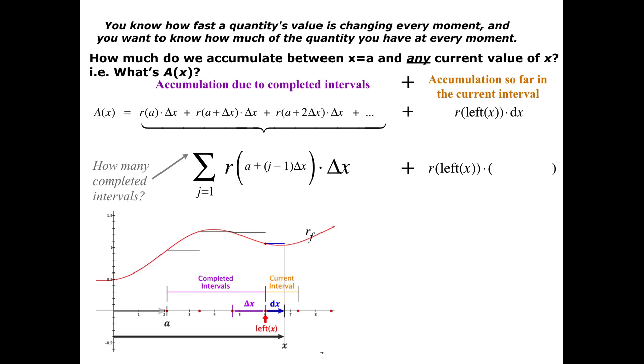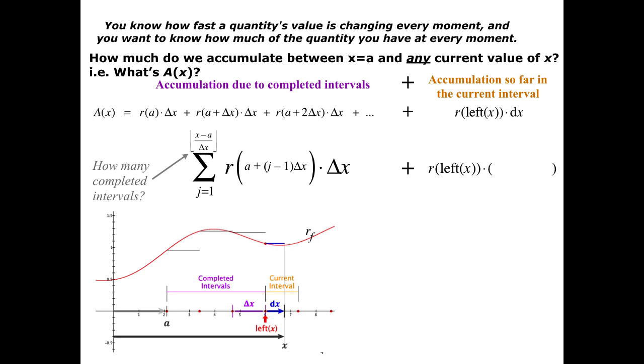We just want to talk about complete intervals, though, so we use the floor function, which rounds that down to a whole number. In any case, this expression on the top, x minus a over delta x, for any value of x has one value, and it tells me how many complete intervals there are between a and x.